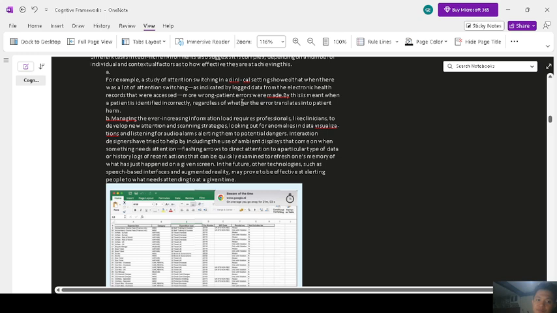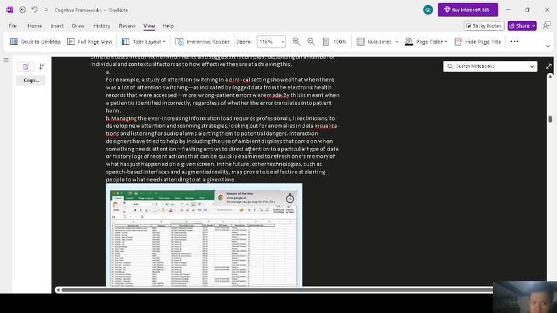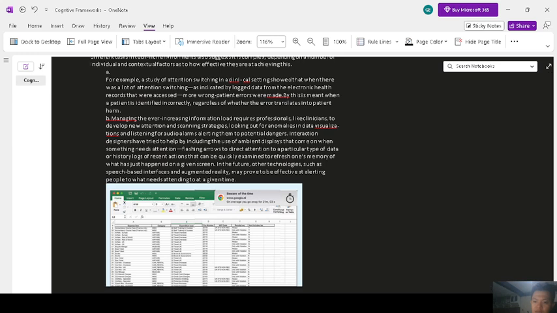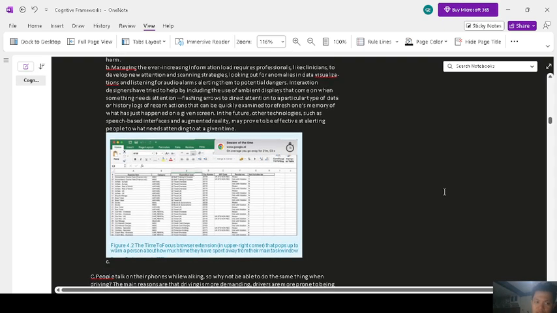By this is meant when a patient is identified incorrectly, regardless of whether the error translates into patient harm. So whether it is a costly mistake or not, they found that those who switch a lot without a purpose for the task made more errors than those who did not.